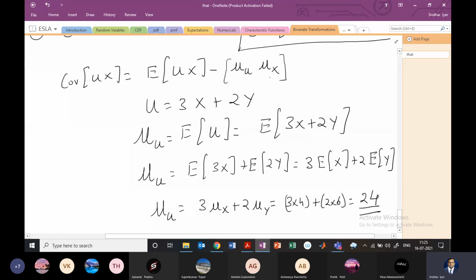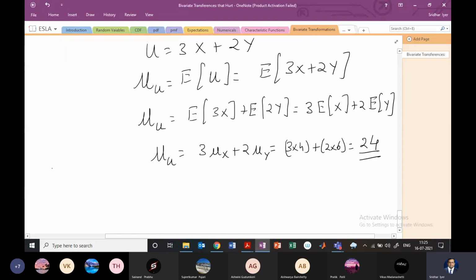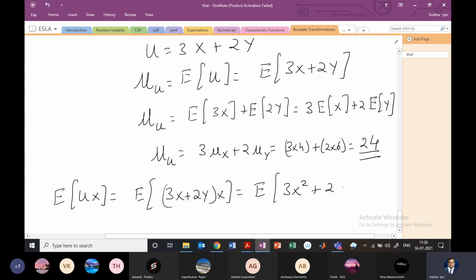All we have to do is find the value of E of ux, right? So if I want to find the value of E of ux, right? So E of ux will be E of, now I'll substitute the value of u, which is 3x plus 2y into x. So it will be E of 3x square plus 2xy, right?